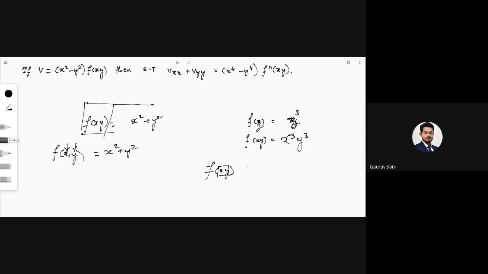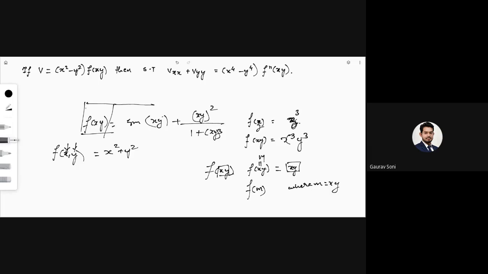Are you getting my point? So when I say f of xy, wherever a variable occurs, it will be x into y. So I can put x into y as m. So it is simply f of m, where m is equal to x into y. So the correct function for this will be, say, sine of xy plus xy square upon 1 plus xy cube.